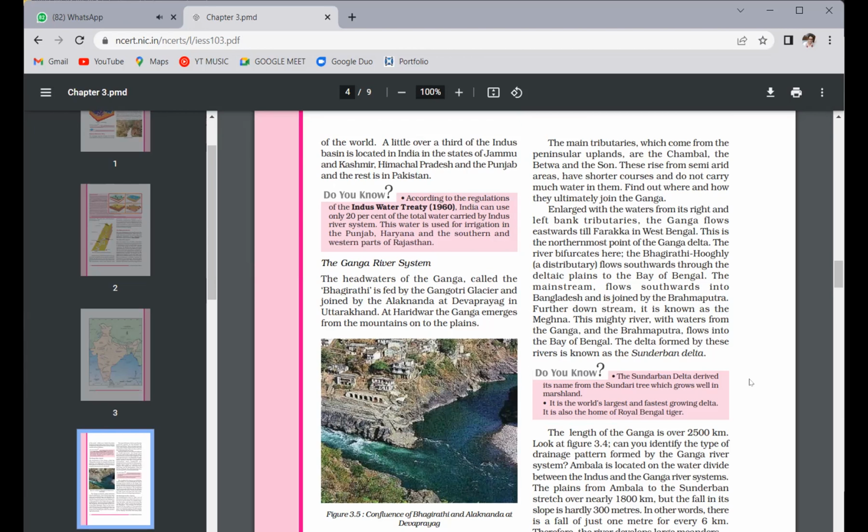Do you know the Sundarban Delta derived its name from the Sundari tree, which grows well in marshland? What are marshy lands?